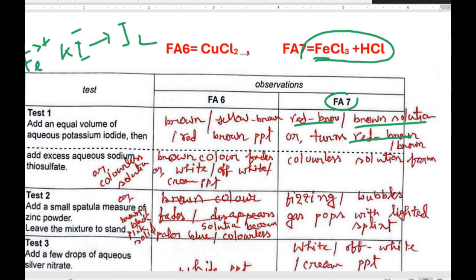Any potassium iodide or sodium iodide, if you add copper(II) ion or iron(III) ion, aqueous iodine will be formed. So the observation will be red brown or brown solution. Then if you add excess sodium thiosulfate, colorless solution forms. You will see colorless solution form.